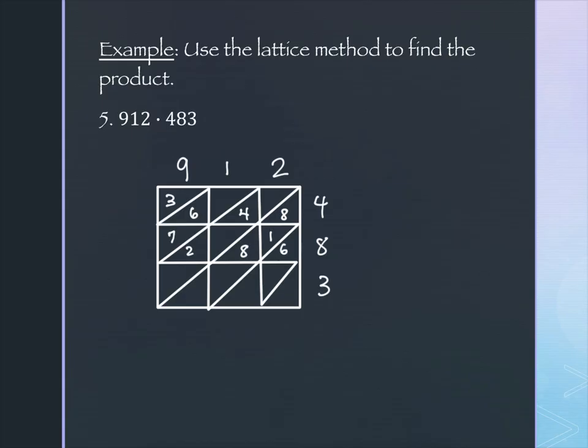Perfect. 9 times 3, 1 times 3, 2 times 3. Cool. Okay, I know that was really fast, but is everybody okay with it? Simple multiplication stuff. That's back to 2nd and 3rd grade. Y'all got this. No problems. Standard diagonals, right?